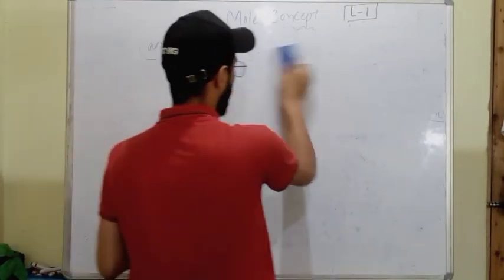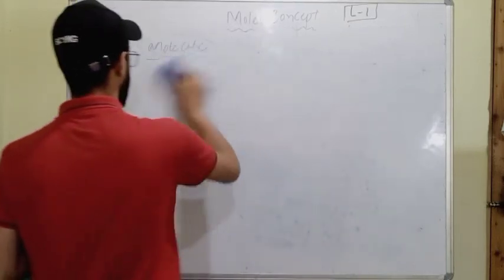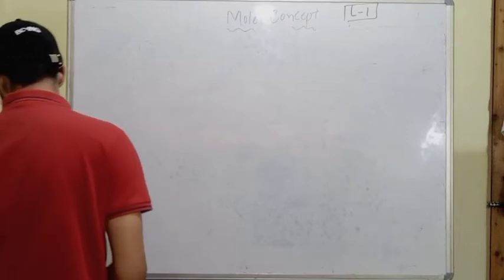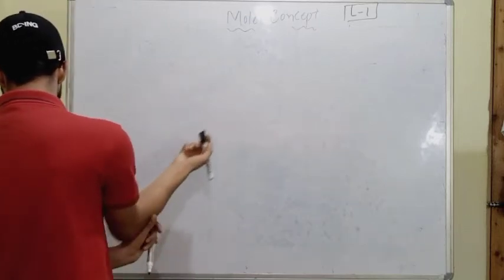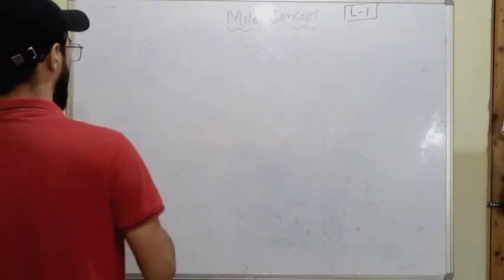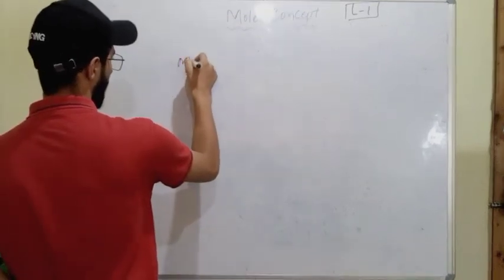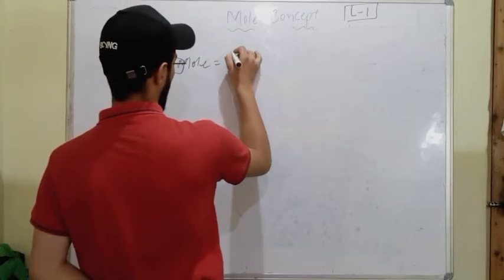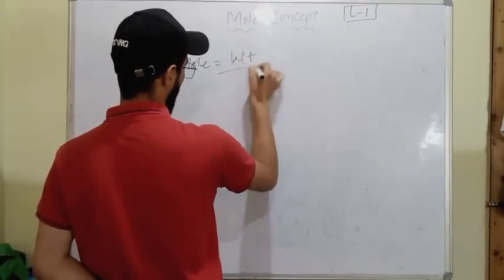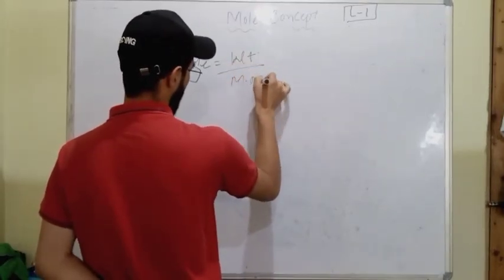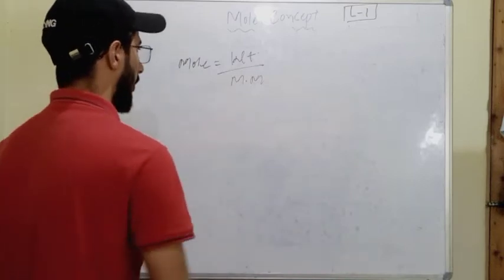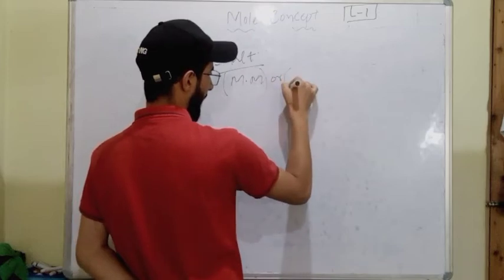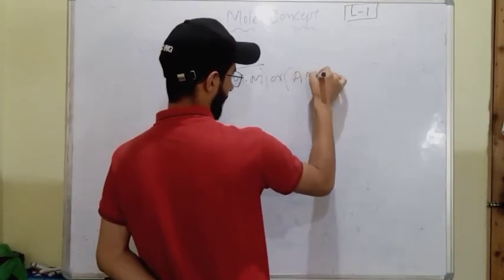These were some basic concepts which we are going to use in the mole concept. There are some cases which we are going to discuss. Number of moles is equal to weight upon the molecular mass in case of molecules, and in case of atoms it will be the atomic mass.